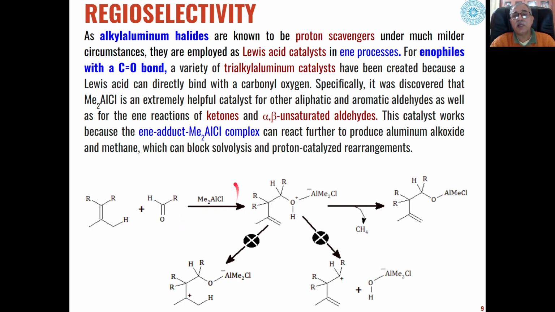So when these trialkyl aluminum catalysts react with enophiles and enes, they will catalyze the formation of these types of zwitterionic structures, and then these zwitterions will lead to the formation of the ene-adduct dimethyl aluminum chloride complex, which can further produce aluminum alkoxide and methane, and then the further product can be formed.